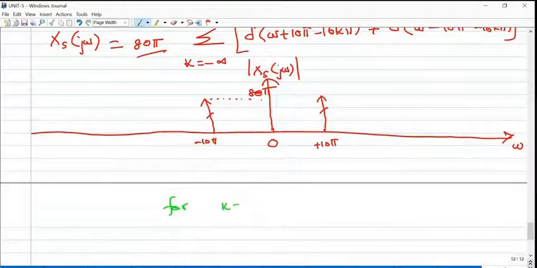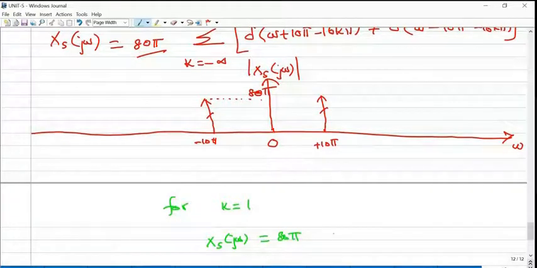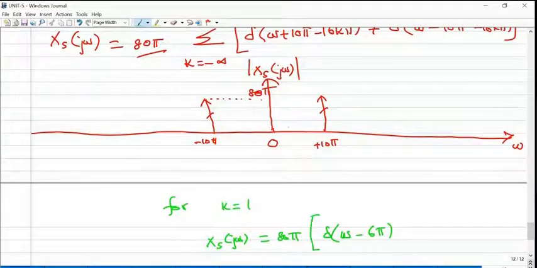For k equal to 1, Xs(jω) equals 80π δ(ω + 10π − 16π). So δ(ω), 16 minus 10, that is 6. First term: δ(ω − 6π).